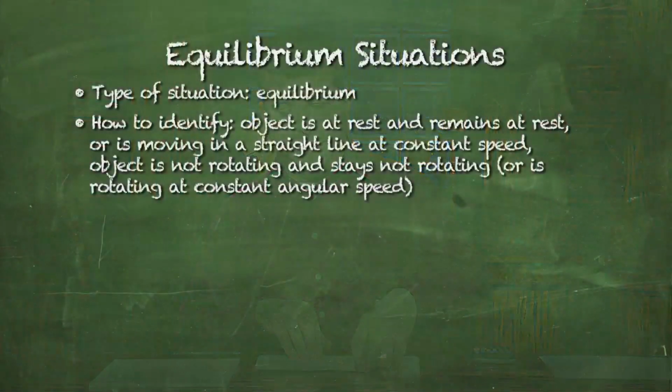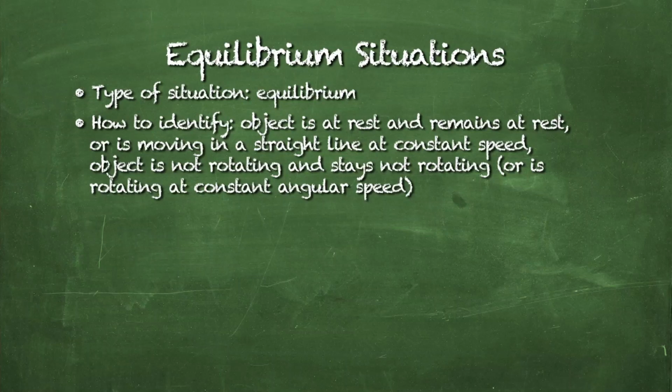So this brings us back to our equilibrium situation. And now we think of an equilibrium situation as being an object that's at rest and it remains at rest, or it's moving at a constant speed in a straight line, and the object is not rotating and it stays not rotating, or it's rotating at a constant angular speed.